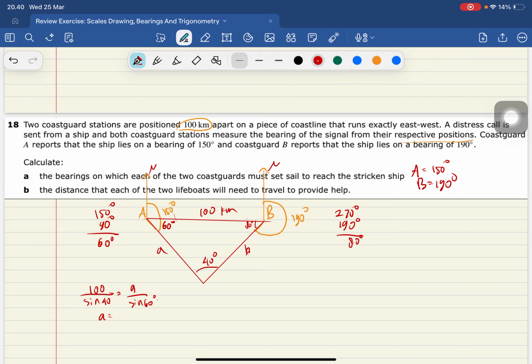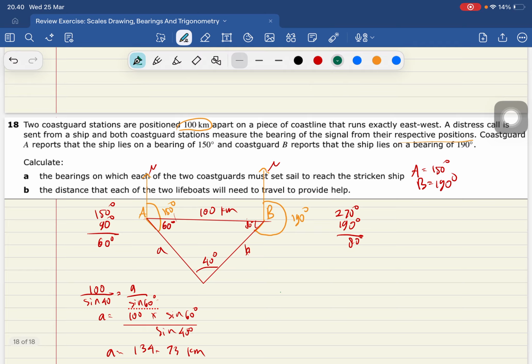So A equals 100 multiplied by sin 60 degrees, divided by the sin of 40 degrees. Using a calculator, the distance for A is 134.73 kilometers.